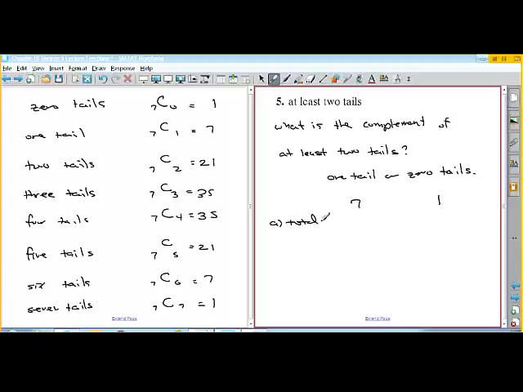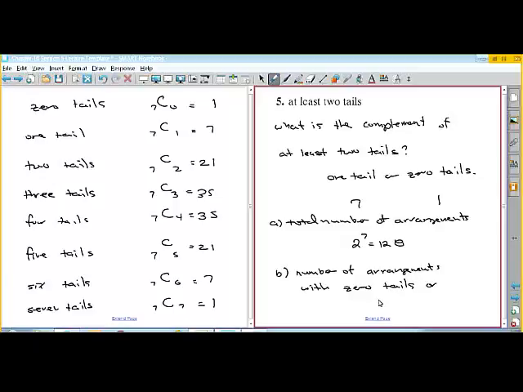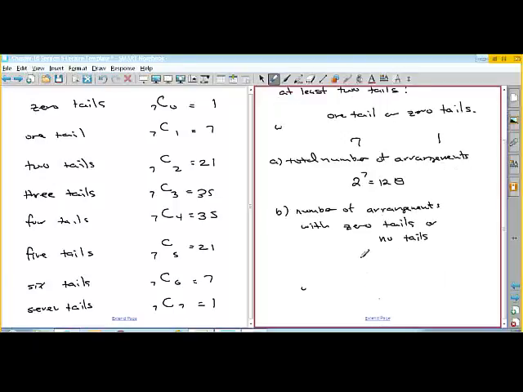So again, what we do is we look at the total number of arrangements, which is 2 to the 7th power, which is 128. And the second thing we do is the number of arrangements with 0 tails or no tails.